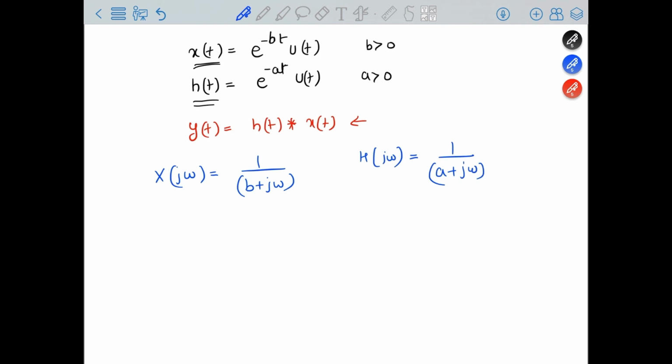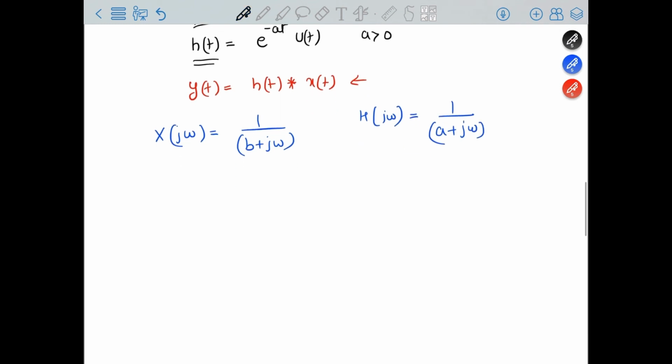From the property of convolution, suppose the output is y of t, which is h of t convolved with x of t. Then in the frequency domain, we get Y of j omega equal to H of j omega multiplied by X of j omega.